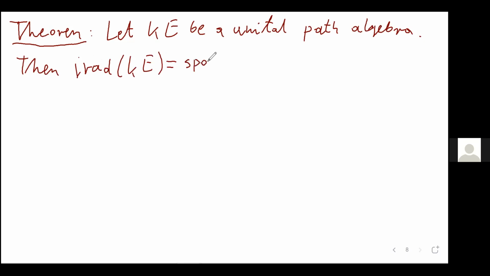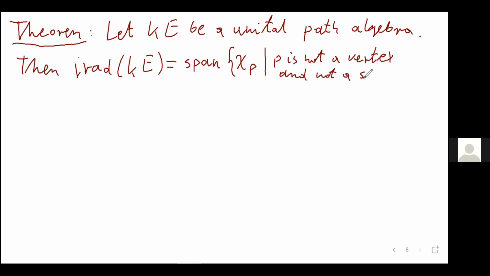It is the linear span of the following elements. I take the elements of my canonical basis, p, and all I have to tell you is what the paths p are. So p is a path which is not a vertex and not a subpath of a loop. Okay, this is our theorem.